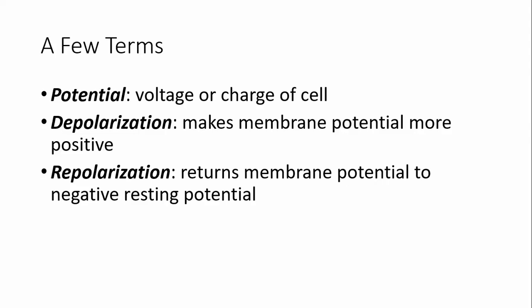So before we get into it, there are a couple of terms to look at. We're going to talk about the potential of a cell, and that's basically its voltage or its charge. And I'll try and use charge wherever possible, just to help you understand kind of what's going on. A depolarized cell is becoming more positively charged.